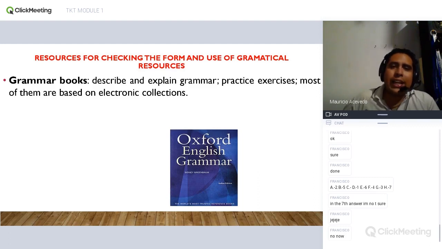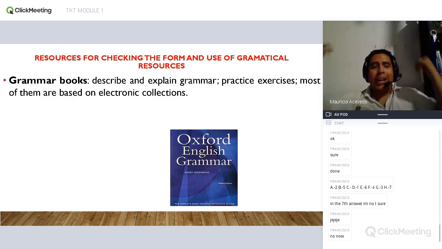So, resources for checking the form and use of grammatical structures. For this, we mostly have grammar books. What are grammar books? Well, they help me to describe and explain grammar. Practice exercises. Most of them are based on electronic collections.